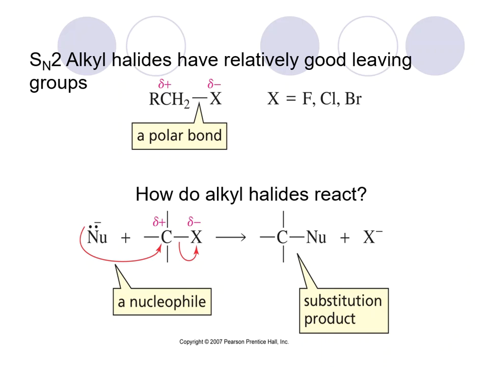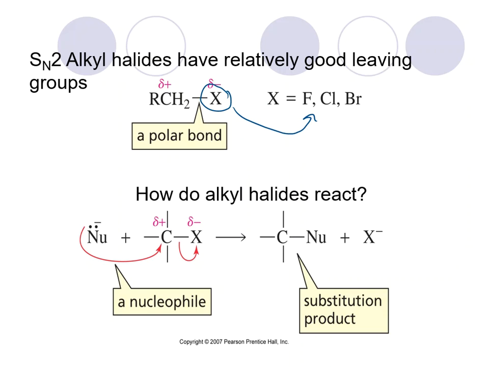There's a charge distribution, and that is a partial positive or squiggly positive charge. This is a polar bond. And this halogen, keep in mind, can represent any of these. Now, they don't even list iodine, do they? No, they don't even list iodine for SN2 reactions. Why? It's ugly, honey. It's ugly.